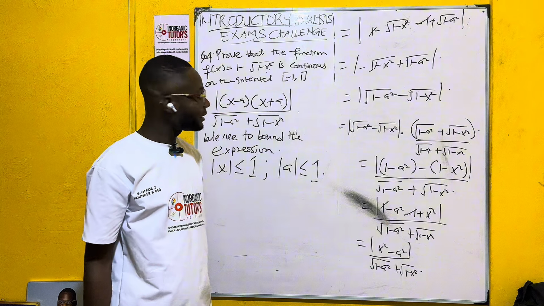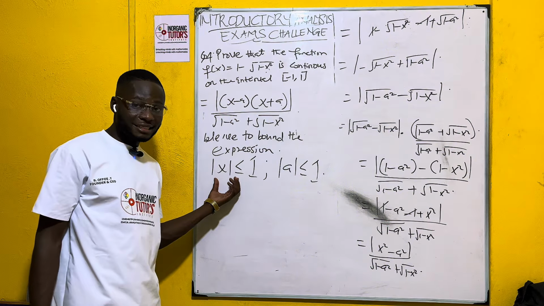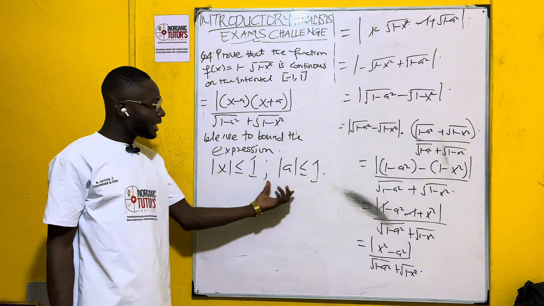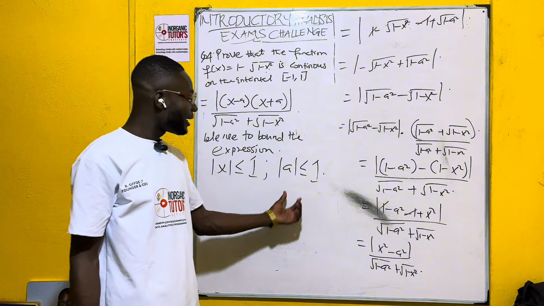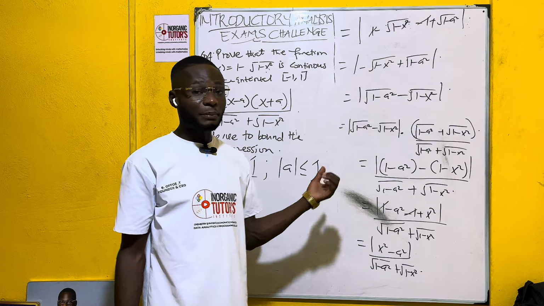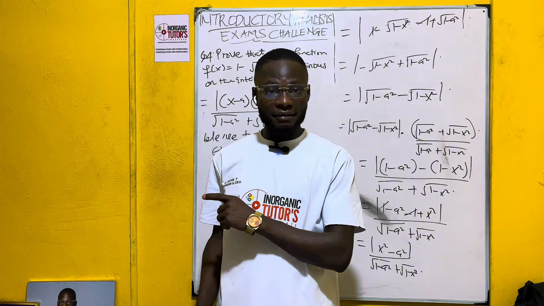So we can see if absolute value of x is less than or equal to 1, and absolute value of a is also less than or equal to 1. Remember, a was defined as an arbitrary point in the interval.